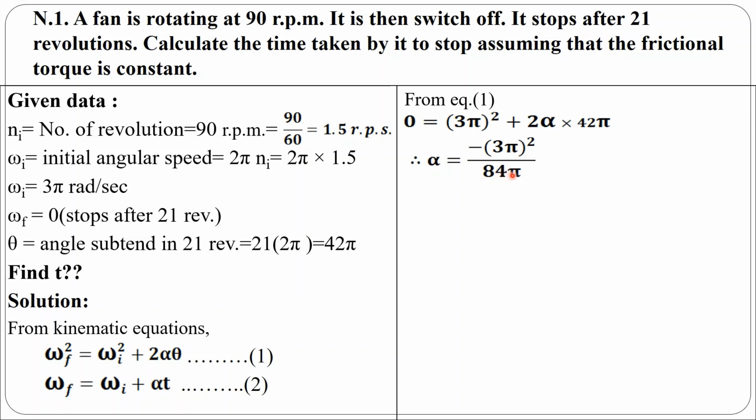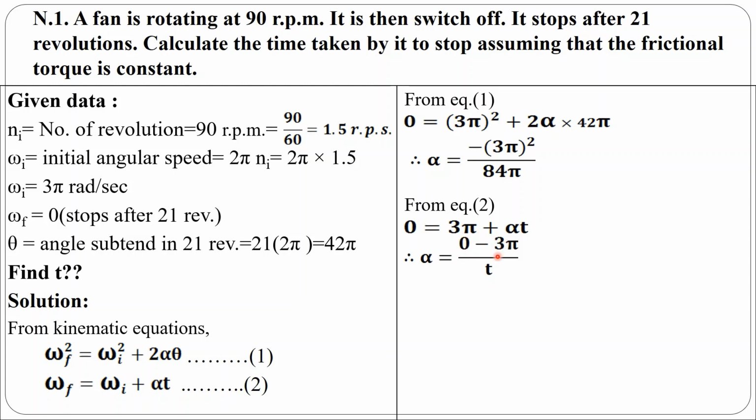The (3 pi) squared goes to the left side with a minus sign, and 84 pi goes to the denominator. Now in equation number 2, we put the values from the given data: final angular velocity is 0, initial angular velocity is 3 pi, alpha and t unknown. Rearranging for alpha, alpha is equal to 0 minus 3 pi divided by t.